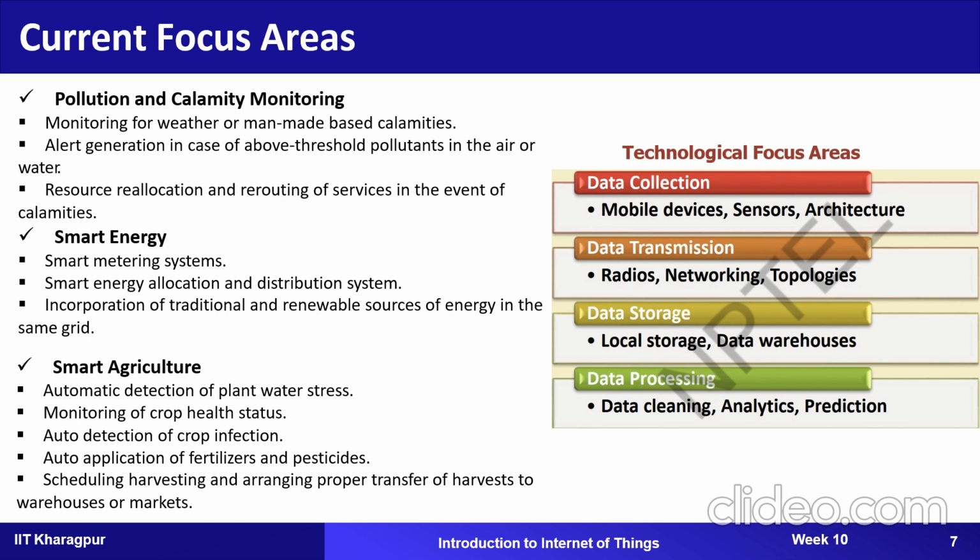Further, in order to determine the calamity, various vibration sensors can be used. These vibration sensors can check the seismic motions of the plates, and with the help of those we can detect whether there is a possibility of any calamity or not. This can be done in your smart cities.